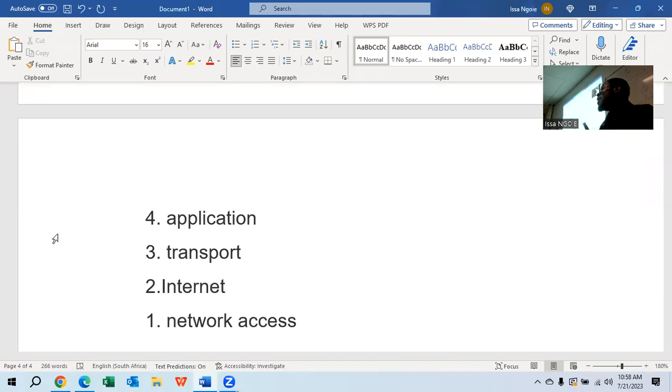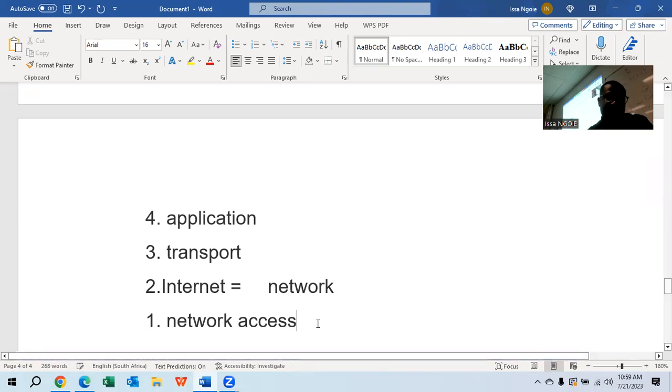Okay, those are the 4 layers, guys, right? Now, when you go to the OSI model, the only 2 layers that don't change are these. The internet layer will match the network layer from the OSI model, right?